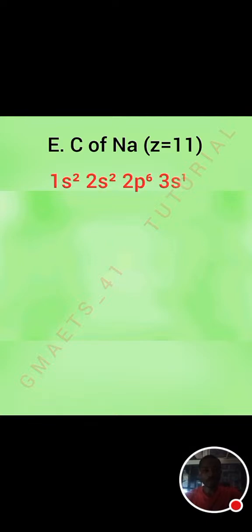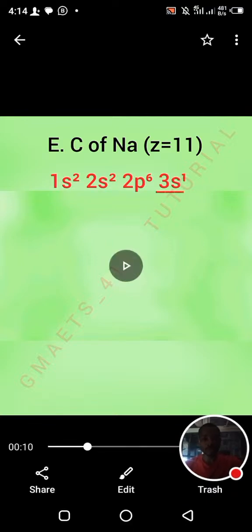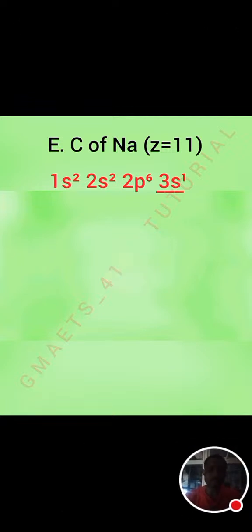Now, this is sodium, and this is the electronic configuration. Now, these numbers, like coefficients attached to the s and p that you see, they're not the powers. Like this one, you have 1s, you have 2s, you have 2p, you have 3s. Those numbers are called principal quantum numbers. I talked about that earlier.